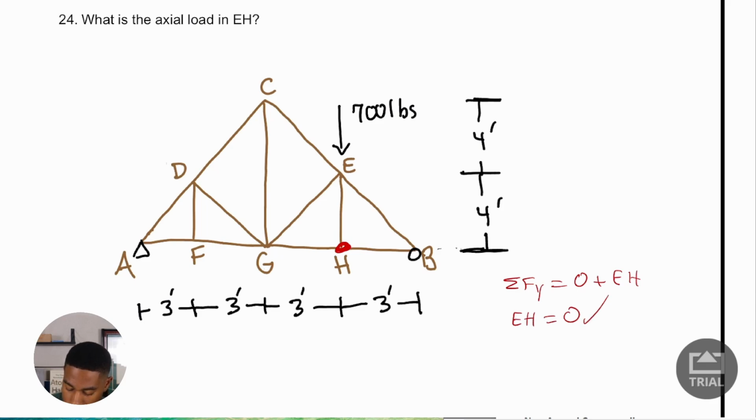And so, yeah, if you're doing method of joint, right, you have to draw it out. So there's no other forces acting on the joint outside of, you got your HB, you got your GH, and then you have your EH. But you know that has to be equal to 0, so EH has to equal 0. It's the only force acting in that direction. So EH is equal to 0.